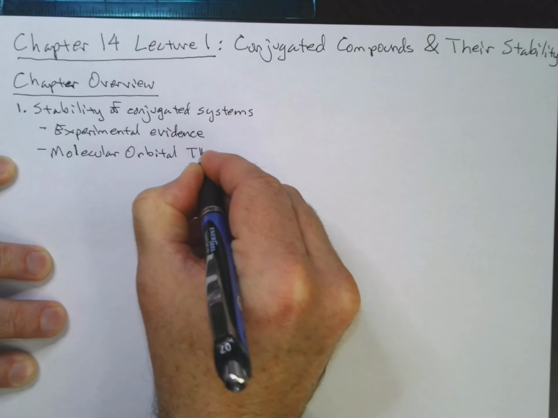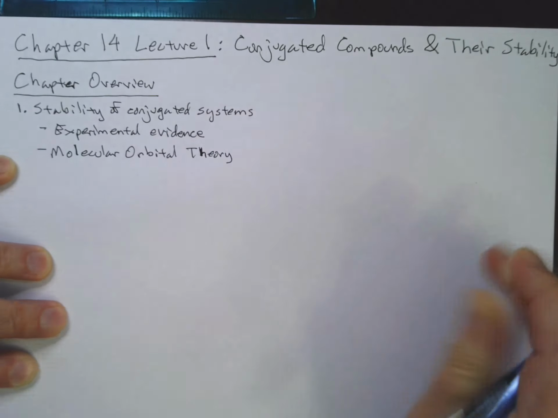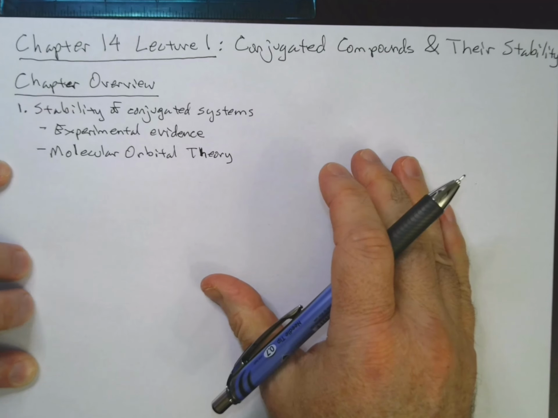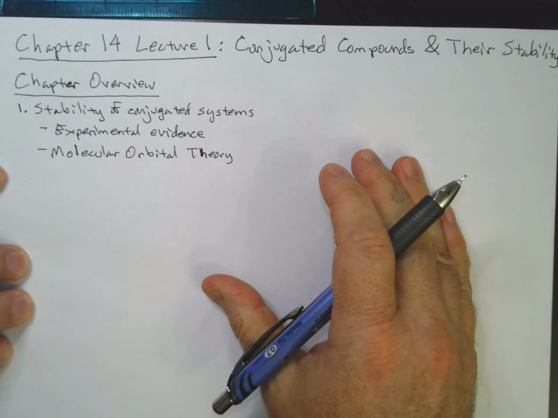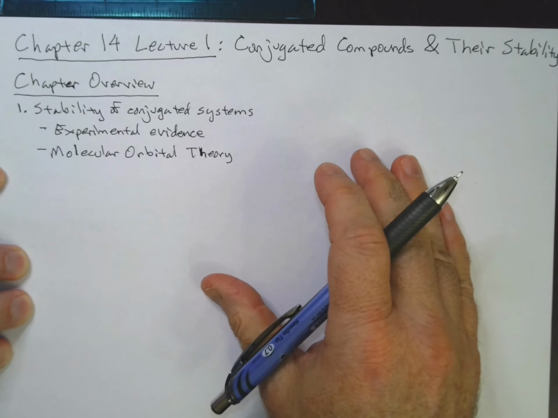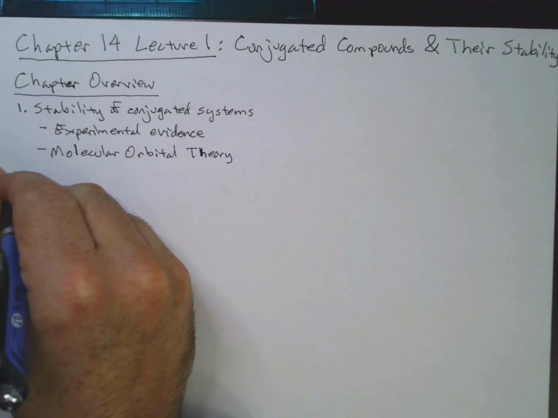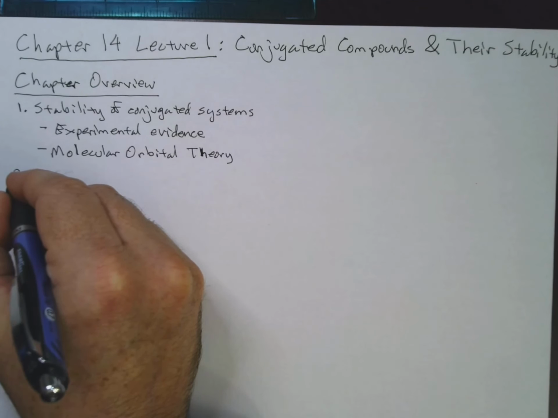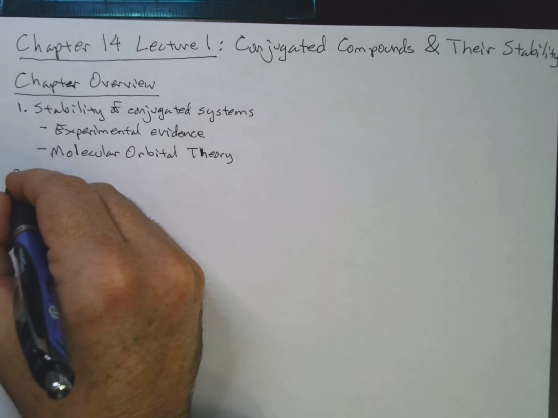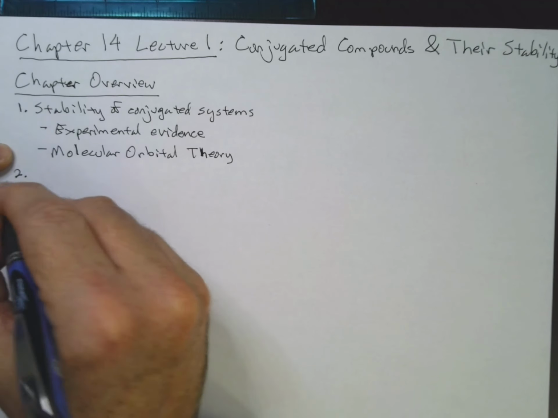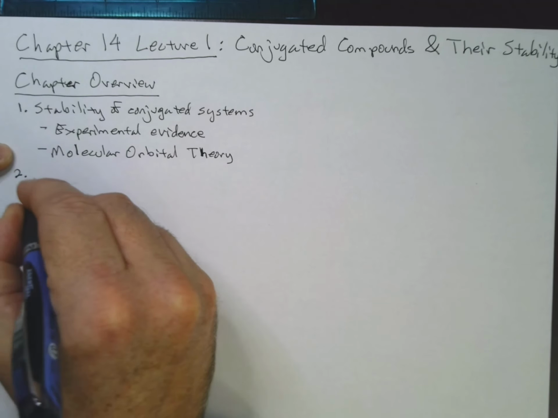It's good to review a little bit of molecular orbital theory because we'll be using it again in chapter 30, and again after that in chapter 15. Then we'll take a look at some reactions, namely the addition of HBr to conjugated dienes.